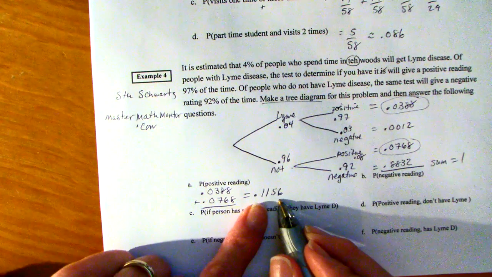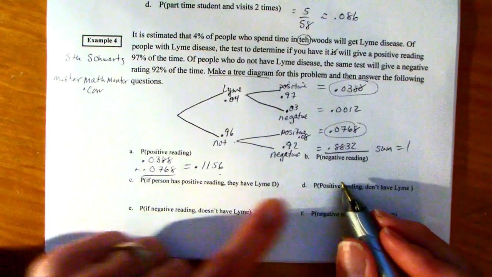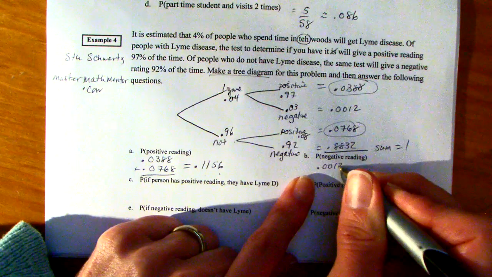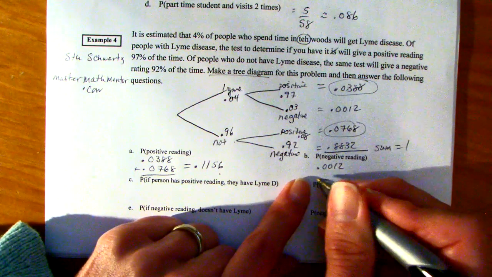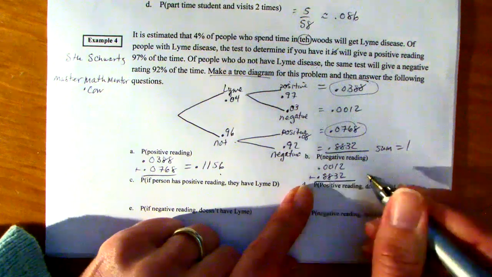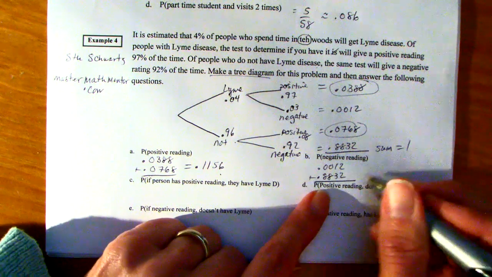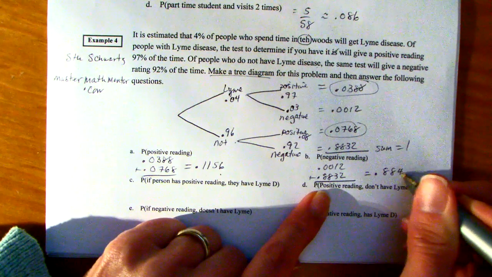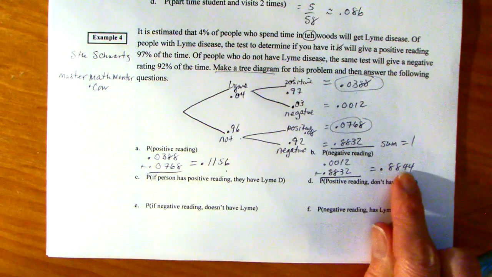So that's the probability of a positive reading. How about the probability of a negative reading? It's these two. 0.0012, because there's 2 ways to get a negative reading, plus 0.8832. When you add those up, you're going to get 0.8844. So that's the probability of a negative reading.